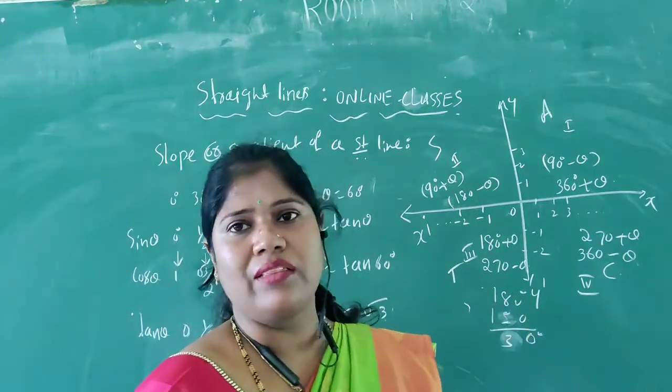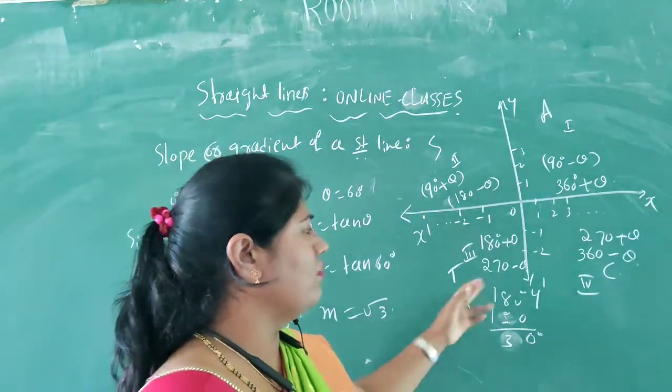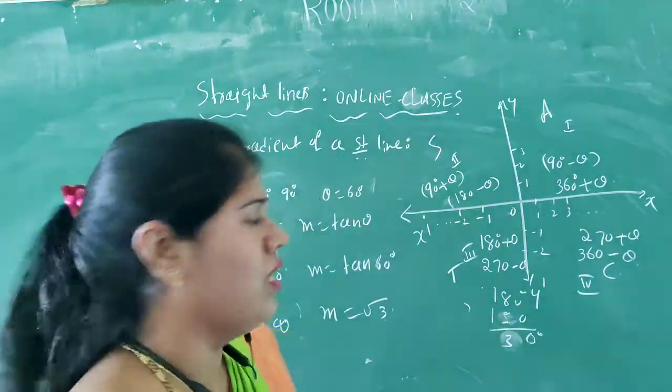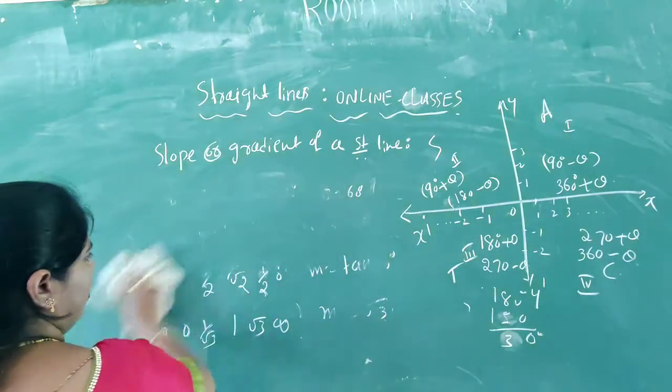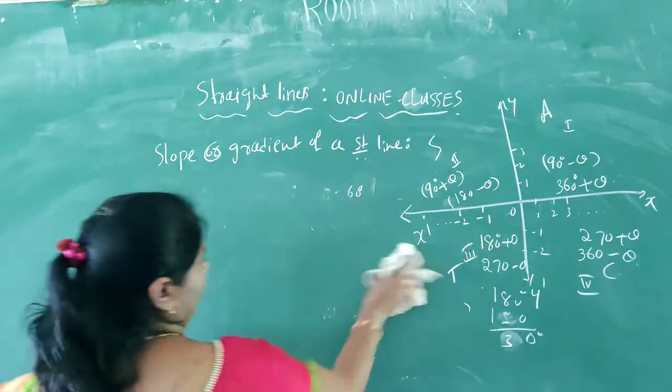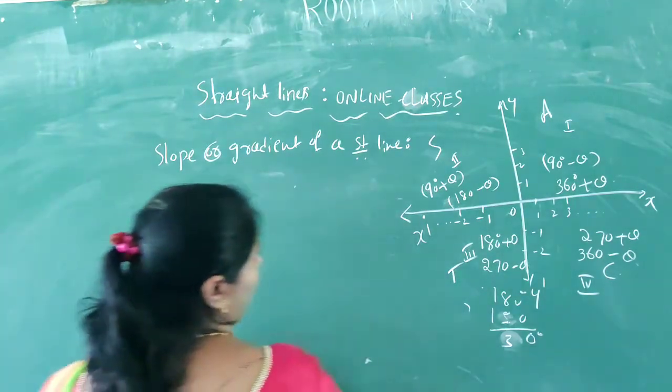M is equal to tan theta is the slope, that is one method, and the second method is the two-point form, the equation of the line joining the points. What is the formula I have told?